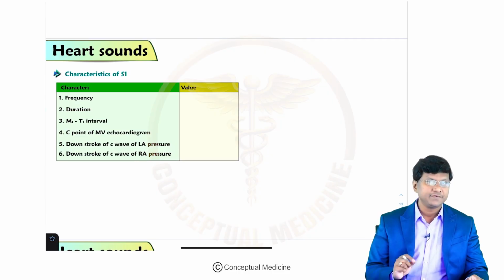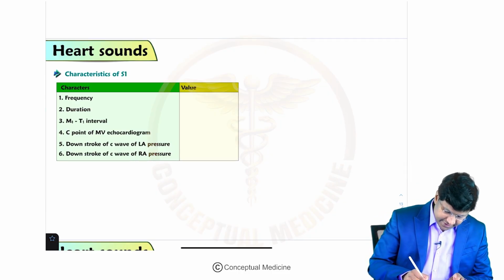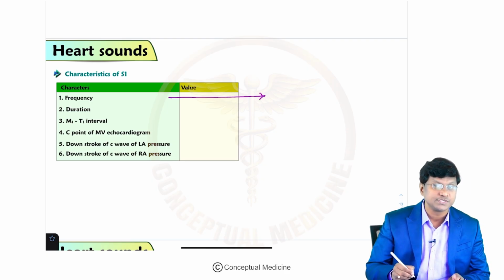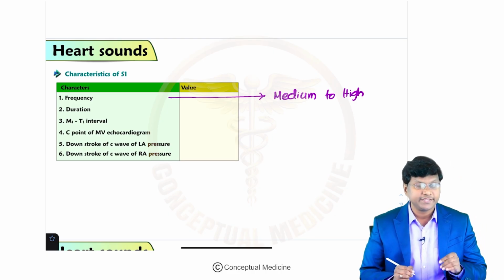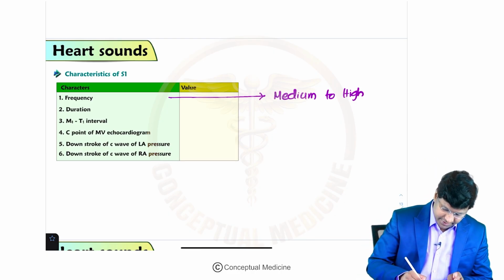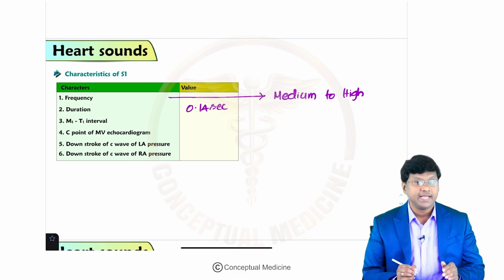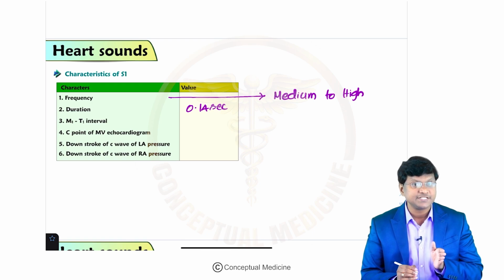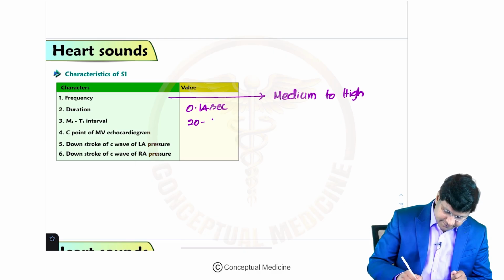If you take the characteristic features of the first heart sound, the frequency is a medium to high frequency sound. The duration of the first heart sound is 0.14 seconds.